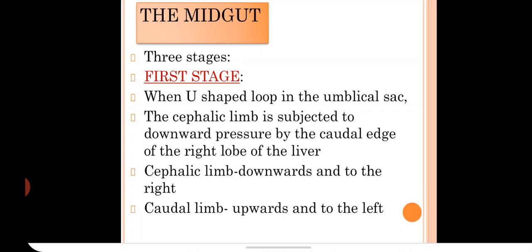How does this rotation start? The reason may be the downward pressure by the caudal edge of the right lobe of the liver, so that the cephalic limb rotates downwards and to the right, and the caudal limb rotates upwards and to the left.